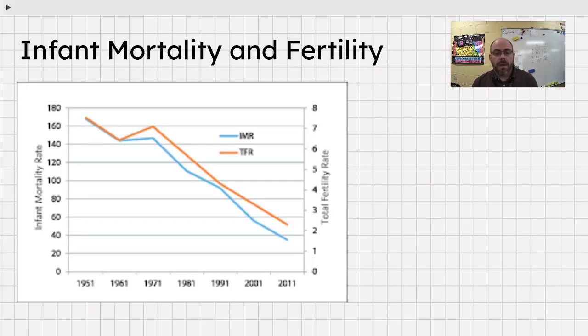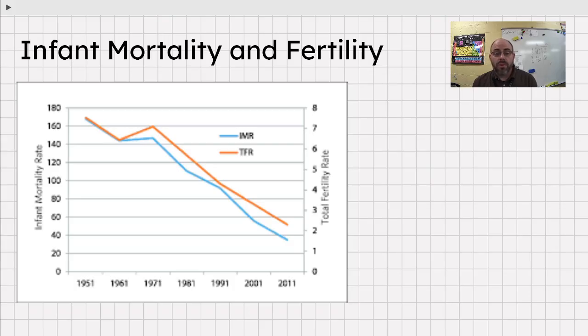Very important. Infant mortality is also going to have a lot to do with fertility. Infant mortality is the idea of how quickly or how many infants are dying in infancy. And so a higher infant mortality often leads to higher fertility rates. Think about it for a minute. Infant mortality has gone way down since, say, the turn of the 20th century. Families were having a lot more children because a lot more infants were dying.